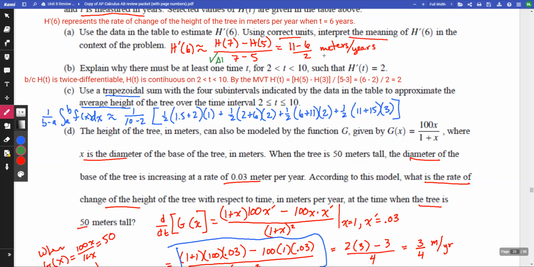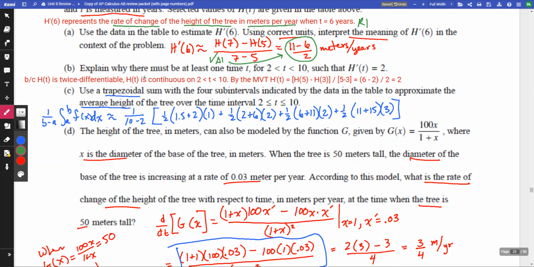If we get the right answer with our units and the interpretation, we have our estimate for getting that first mark. We had to actually write it with the actual values. And then our representation with units has to have the units, and it has to talk about a rate of change of the height of the tree. Then we have 2 marks there.